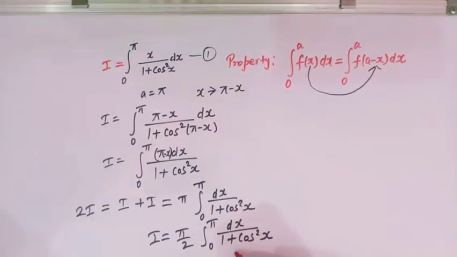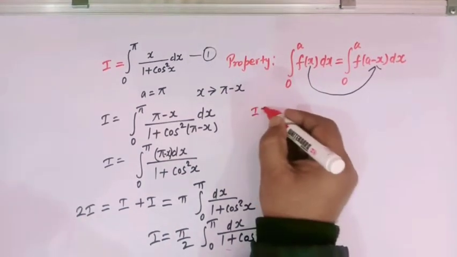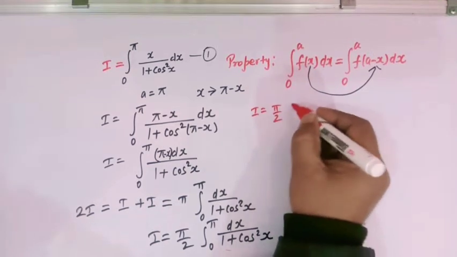Now we have to integrate this integral. So in order to integrate this function, what we have to do, we have to divide the numerator and denominator by cos square x, right? So we can now write I is equal to pi over 2.